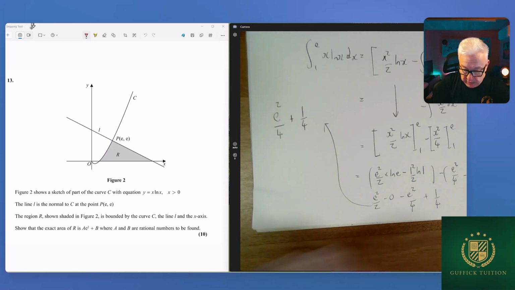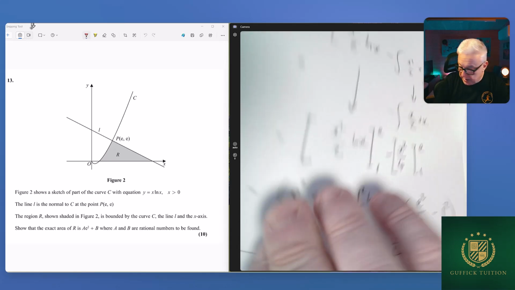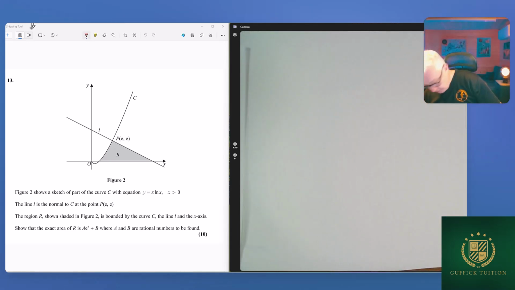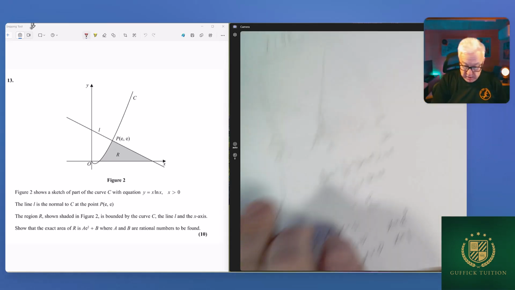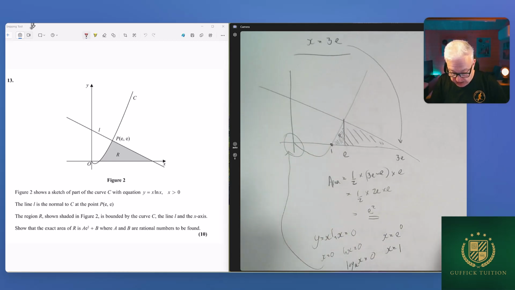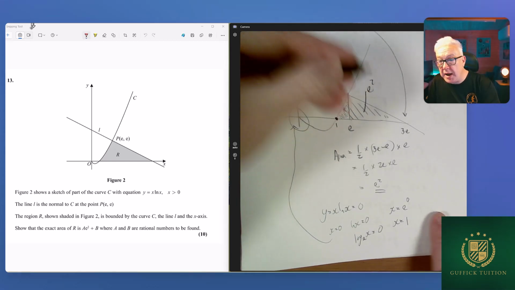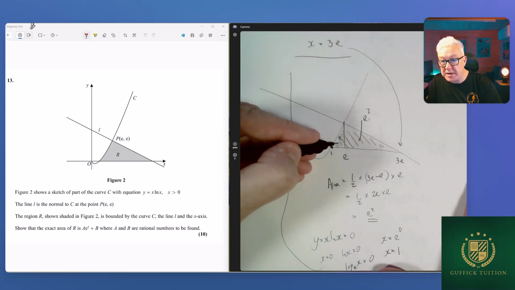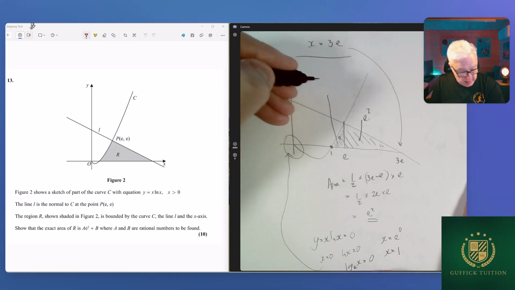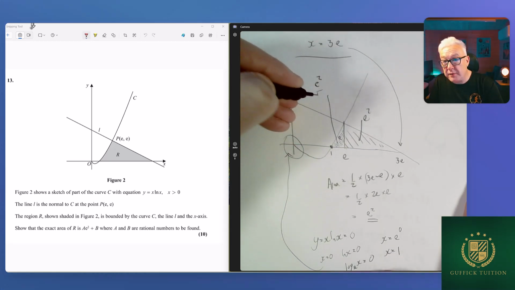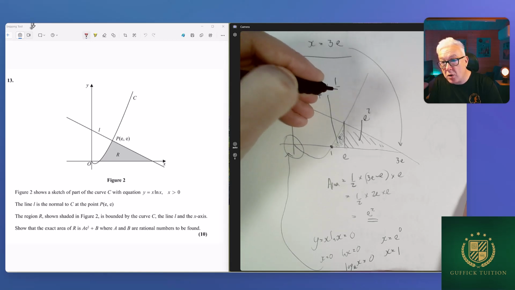Now, remember, what we just found there is the area of this little bit here, okay? So we know that this bit here is e squared, and we've just found that this bit here is e squared over 4 plus 1/4.